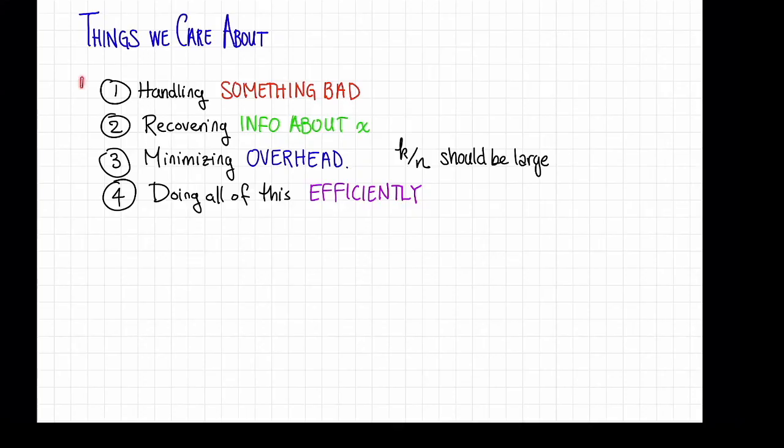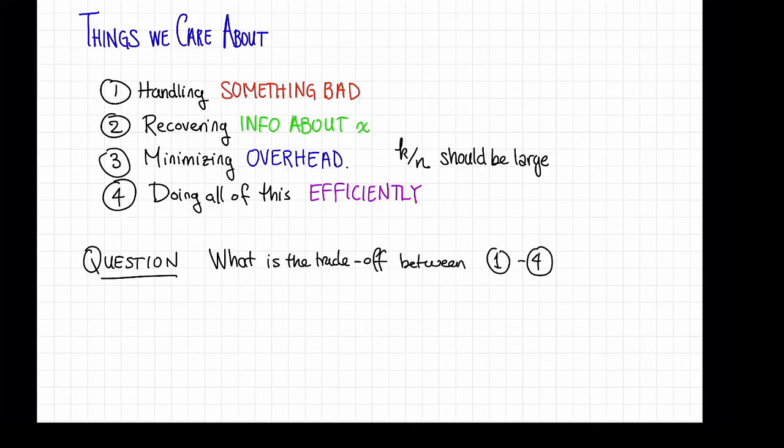So given these 4 things that we care about, the question, or really the family of questions, that we're going to be addressing for the rest of this course, basically, is what are the best trade-offs between these things? For example, it's hopefully plausible that if we really, really minimize overhead so we don't add a lot of redundancy, it's going to be a lot harder to protect ourselves against something bad and recover the information that we want about X. So there's a trade-off there.